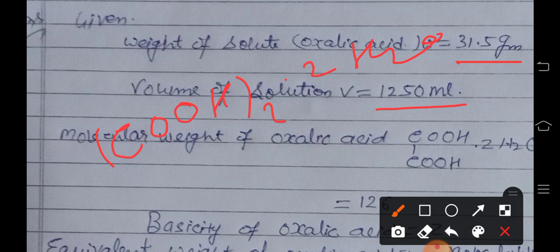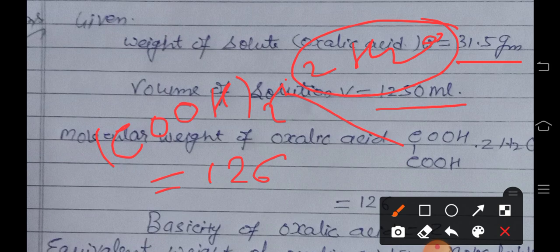The molecular weight of oxalic acid equals 126 gram. It can also be calculated using the atomic masses of carbon and oxygen and the molecular weight of water.